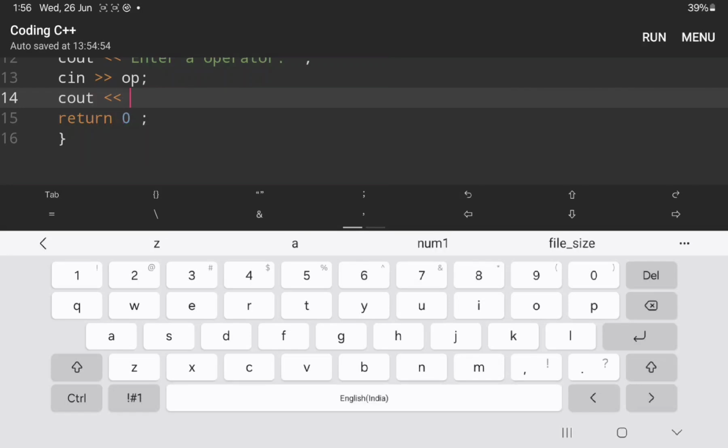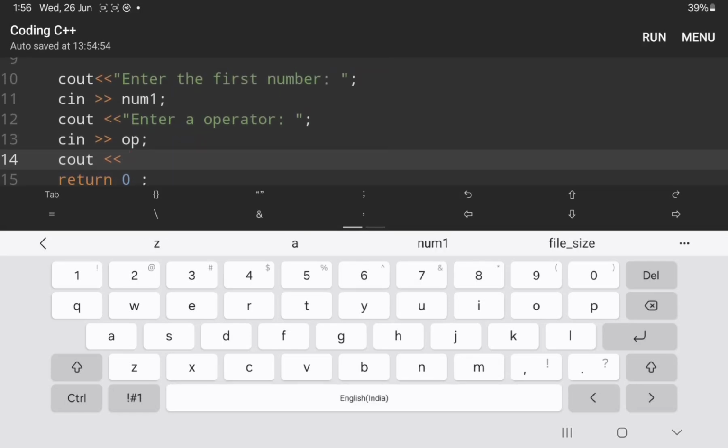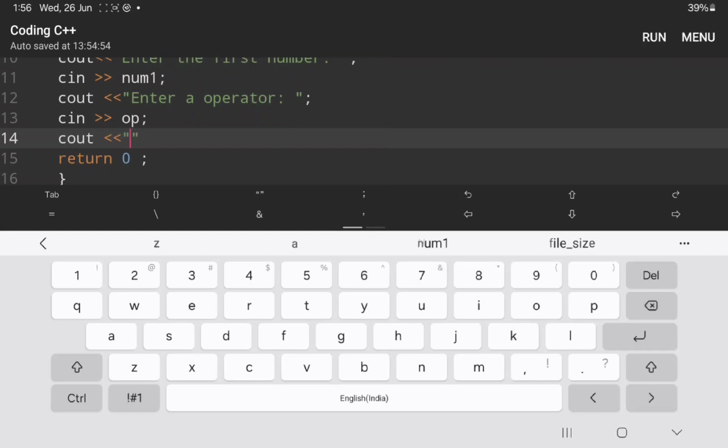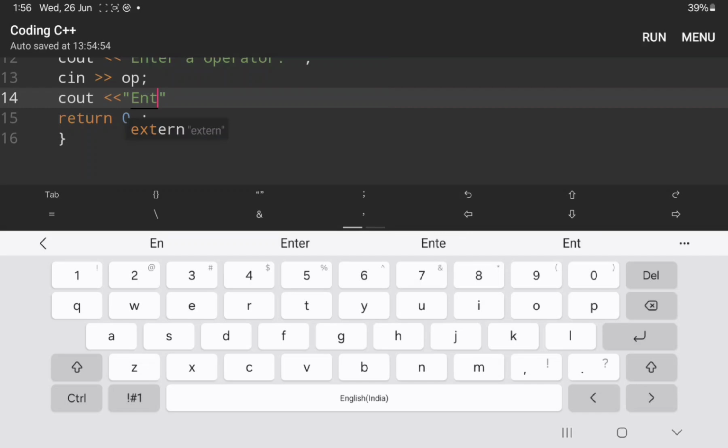in double quotes. You are going to write enter the second number.